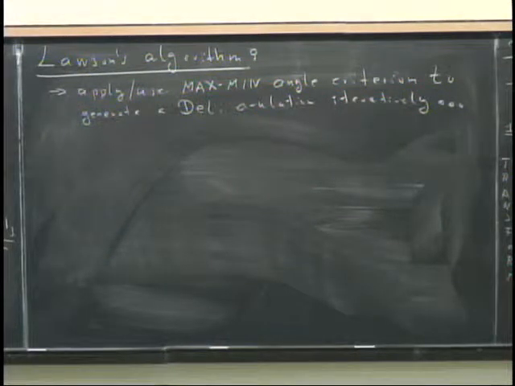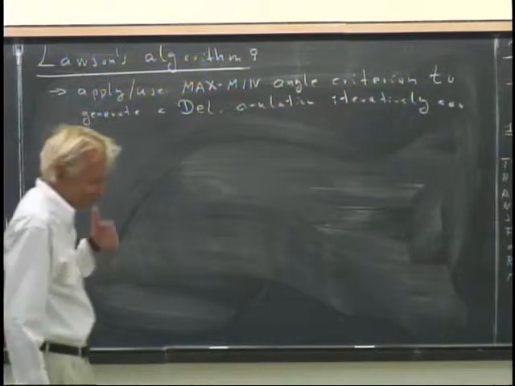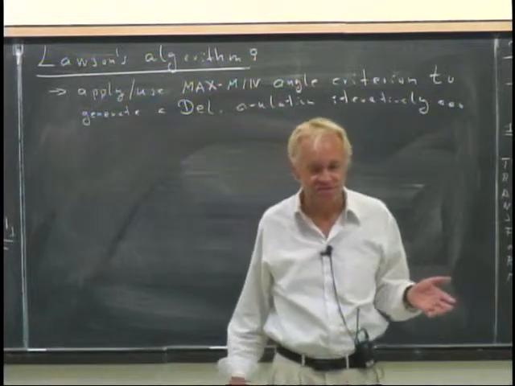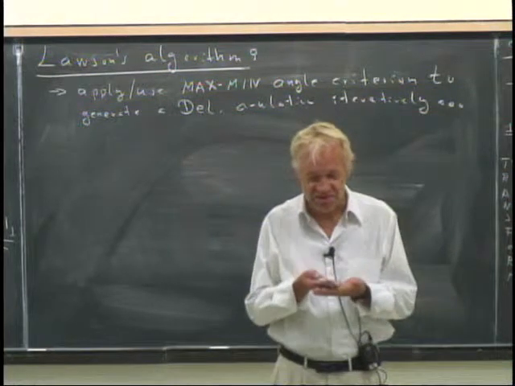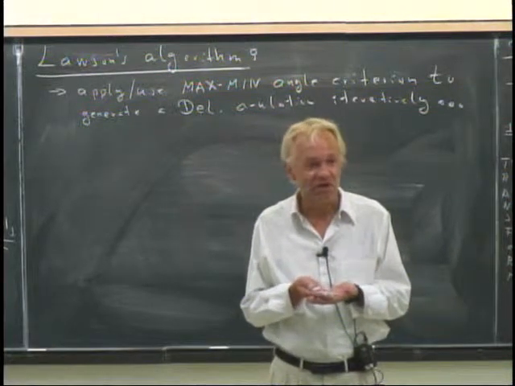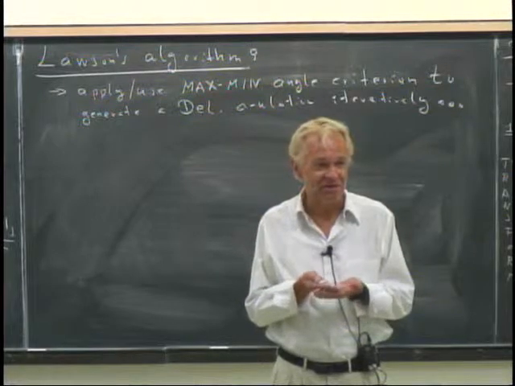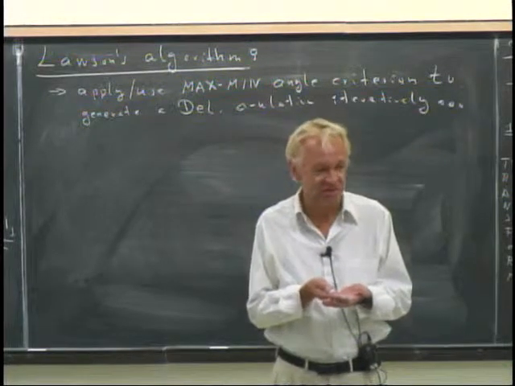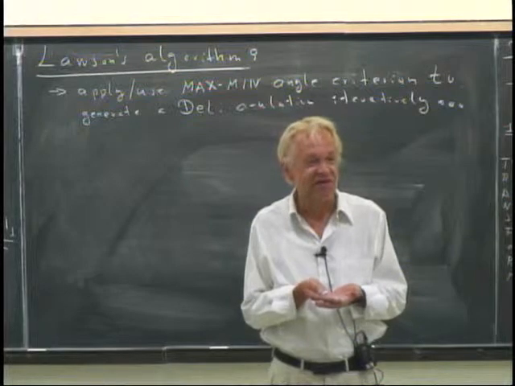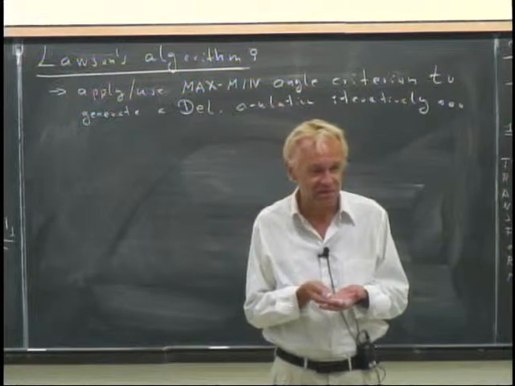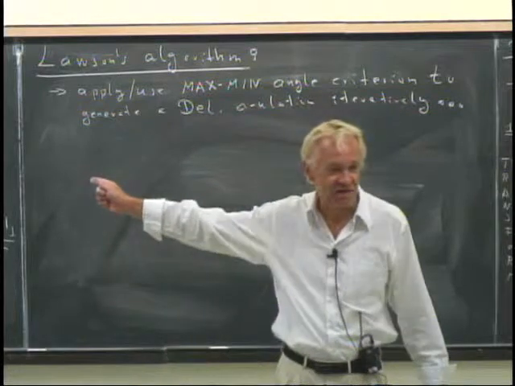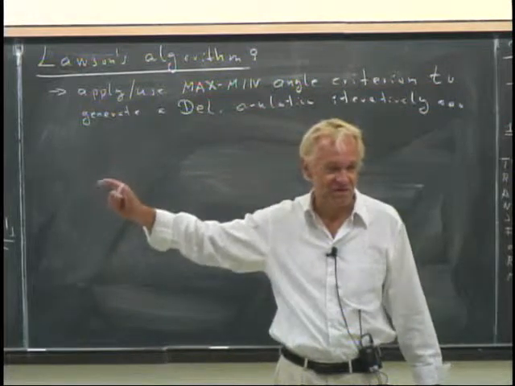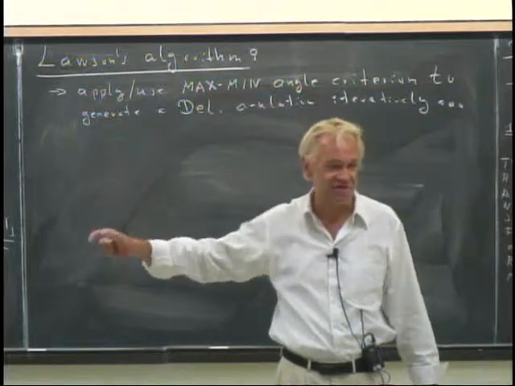On the highest level, it works like this. The assumption is that at an intermediate state, I have a Delaunay triangulation, and then I will insert the next point in such a way that I will not violate the Delaunay criterion. The triangulation is Delaunay if it is a max-min triangulation, and vice versa. Every max-min angle triangulation is a Delaunay triangulation.